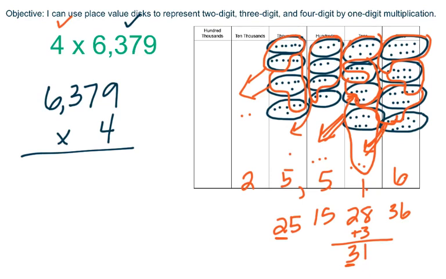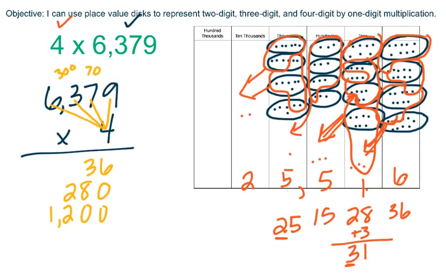So my first thought, I'm taking 4 times 9. The 9's in the ones place, so it's just a 9. 4 times 9 is 36. 4 times 7, not just 7, but 70. Well, 4 times 7 is 28, and I'm multiplying by a 10. So I get 280. 4 times not just 3, but 300 is, well, 4 times 3 is 12. 12 times 100 is 1,200.